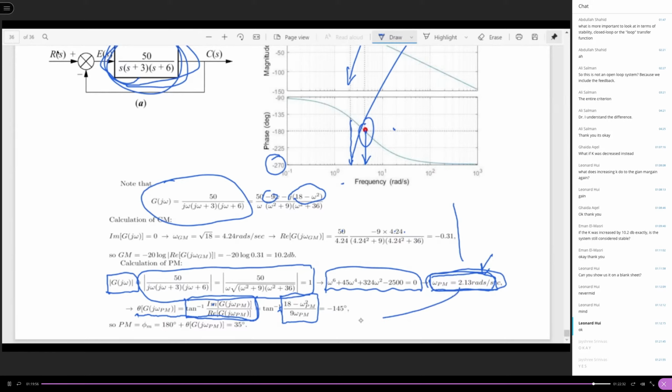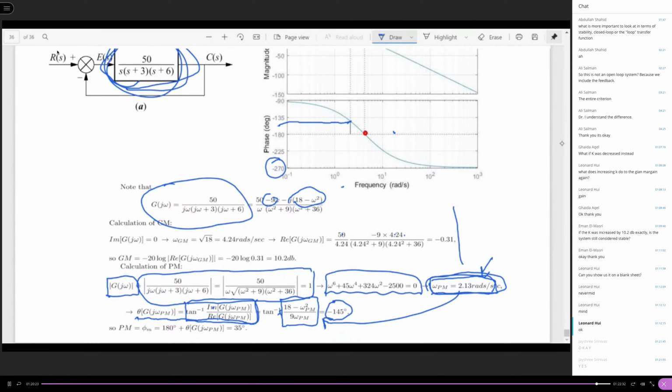So you substitute this value here, calculate the arctangent value, just a straightforward calculation. You find out this phase is equal to minus 145 degrees, which is right here.